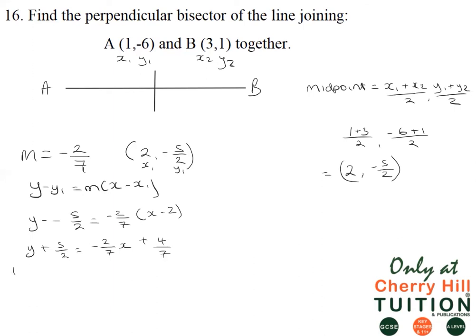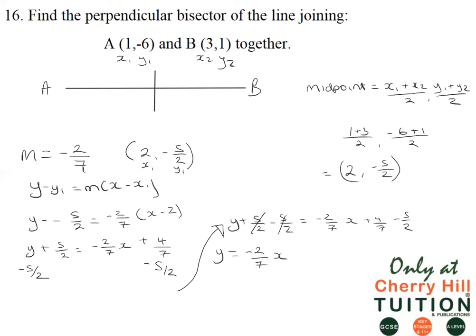We can minus 5 over 2 on both sides. On the left-hand side, the 5 over 2 cancels out, leaving us with y. And on the right-hand side, we are left with minus 2 over 7x.